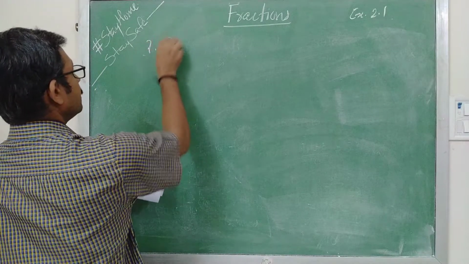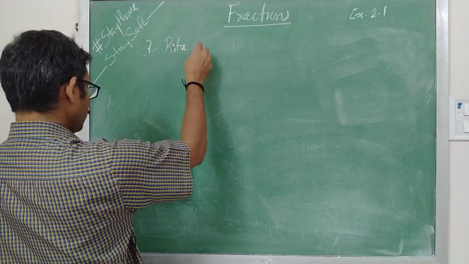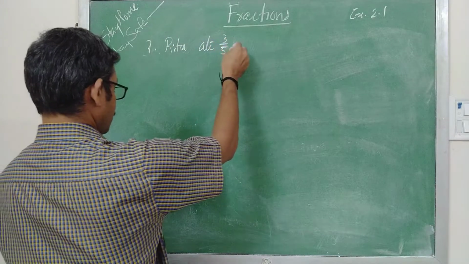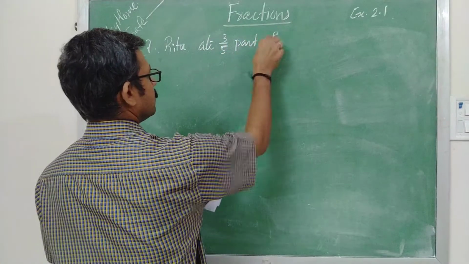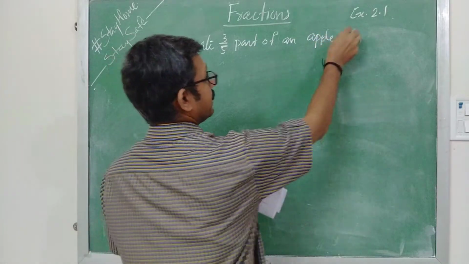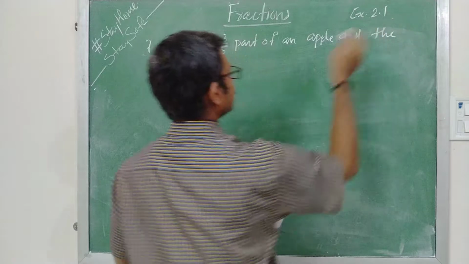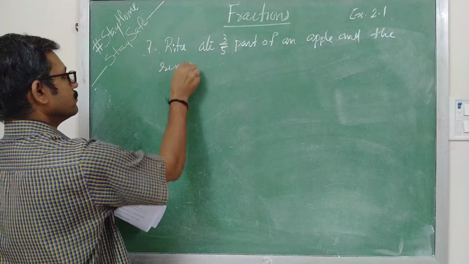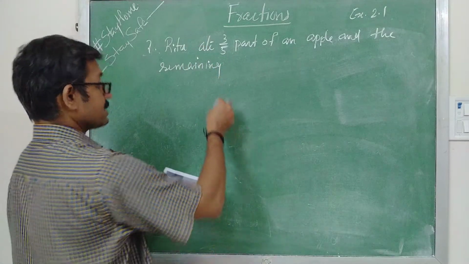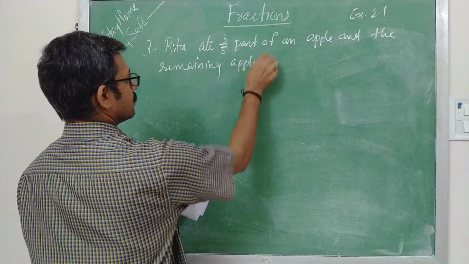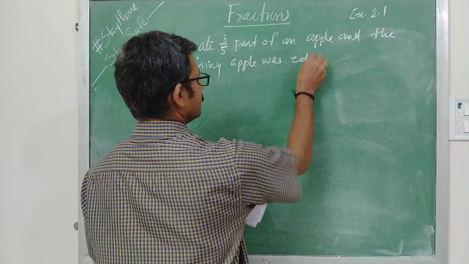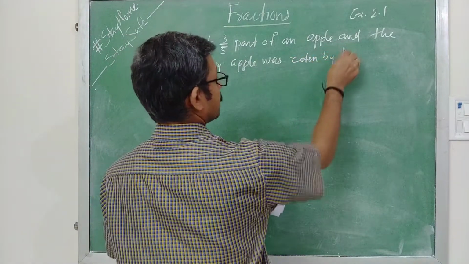Okay, now here is the seventh question. Ritu ate 3/5 part of an apple, and the remaining apple was eaten by her brother.